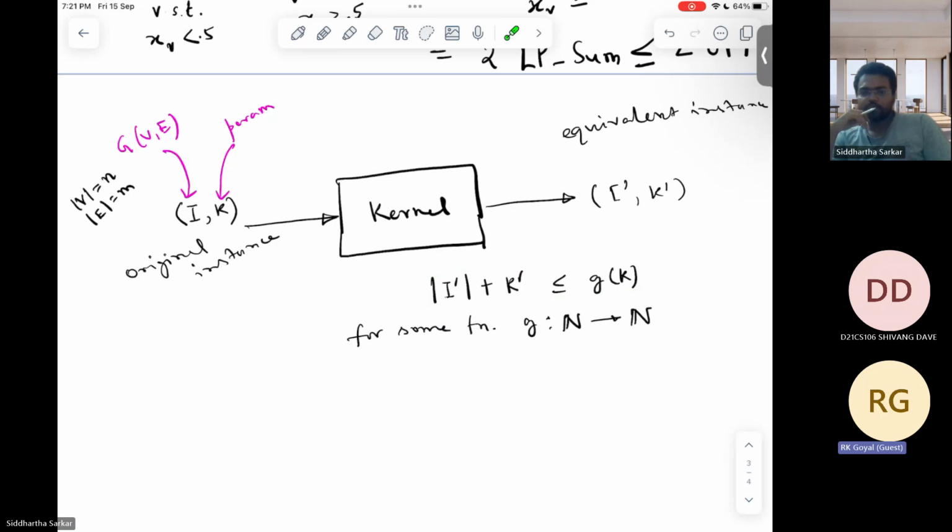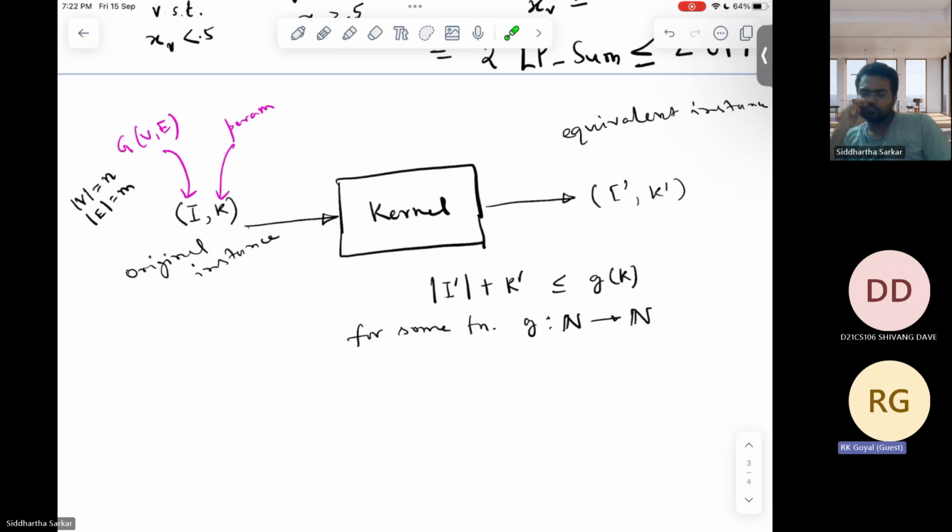So if I consider the value of k equal to, say, 10, and a problem instance I is given, my question is: does there exist a vertex cover of size 10? And I use this kernel here, which will transform my problem into some other problem, and give another parameter, and its sum would be less than or equal to a function of 10.